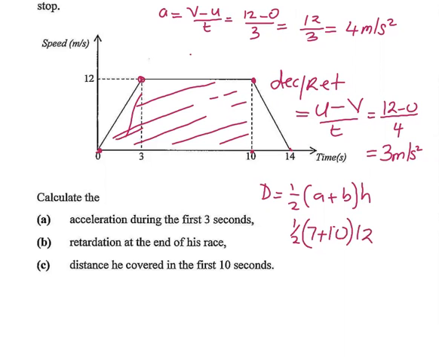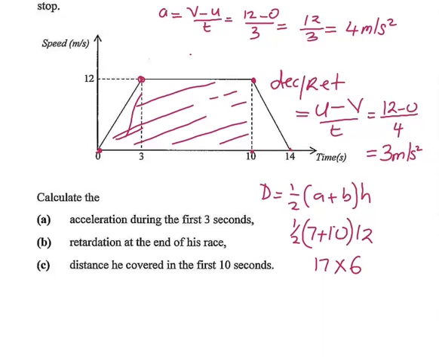So when we add these two, we are going to get 17 multiplied by 6. Are you asking me where 6 is coming from? So 12, you divide it by 2.